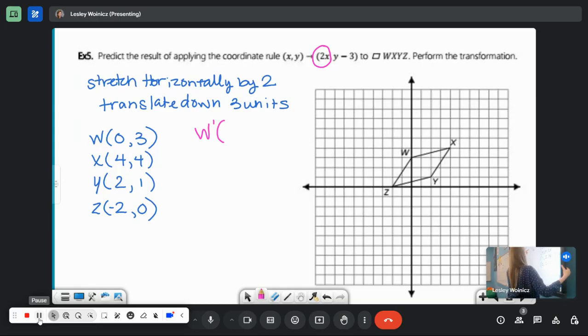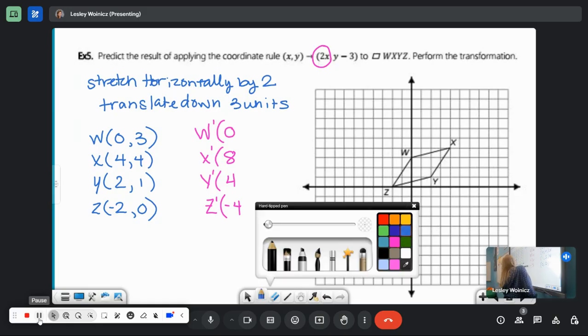So 0 times 2 is still 0. 4 times 2 is 8. 2 times 2 is 4. Negative 2 times 2 is negative 4.